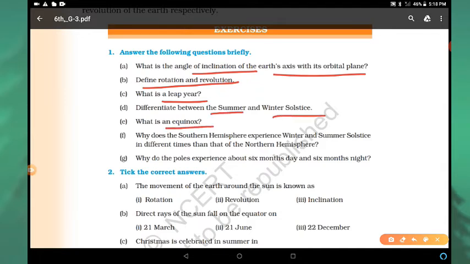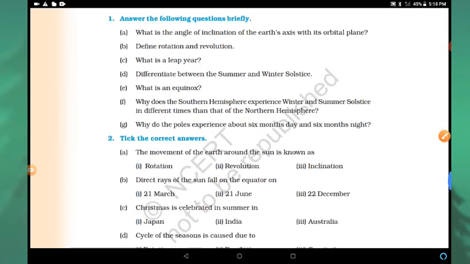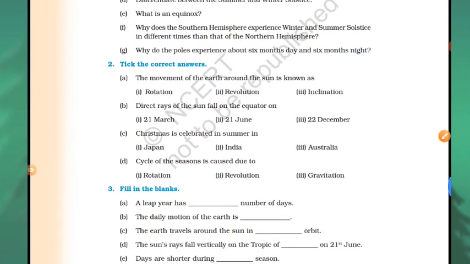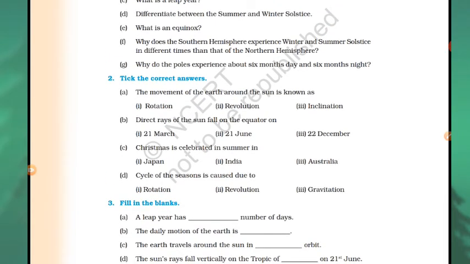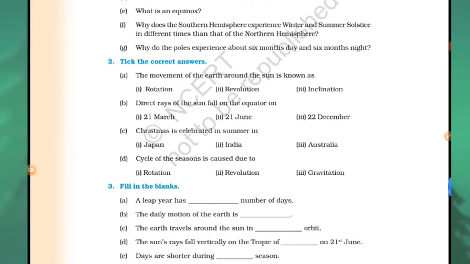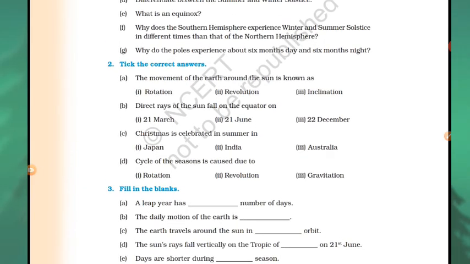Why does the southern hemisphere experience winter and summer solstice at different times than the northern hemisphere? This has also been discussed. Why do the poles experience about 6 months day and 6 months night? Clear? Because when the north pole is towards sunlight it has summer, and during winter it is away.